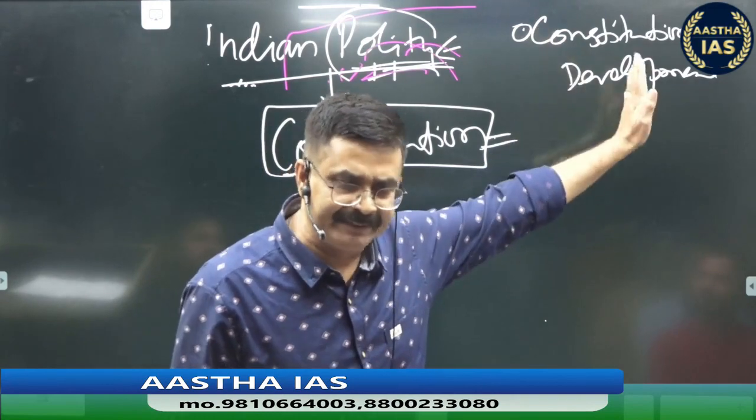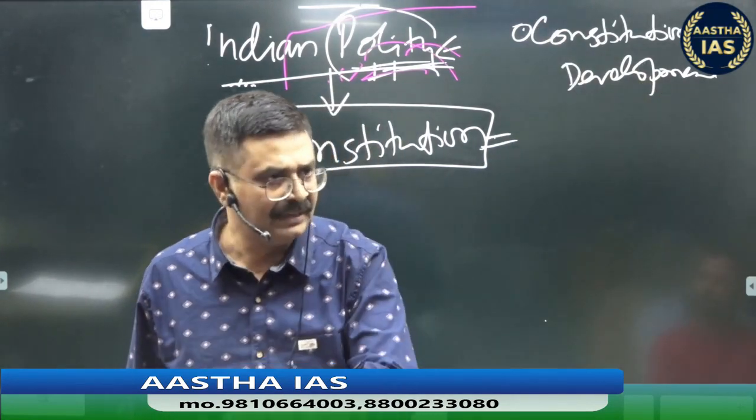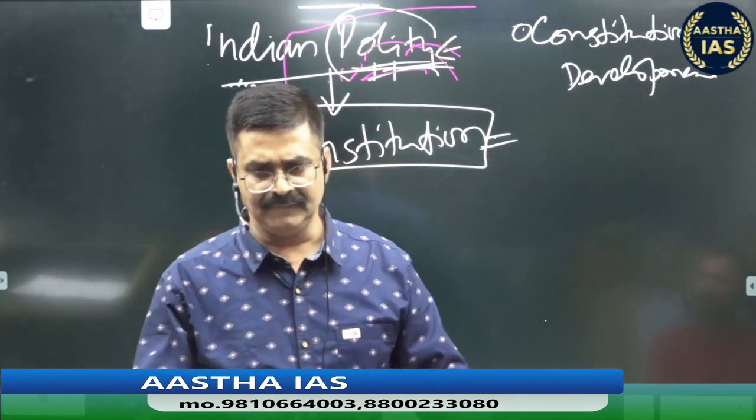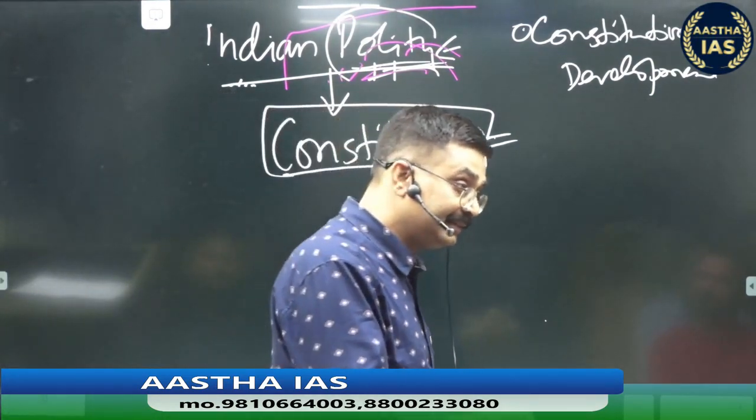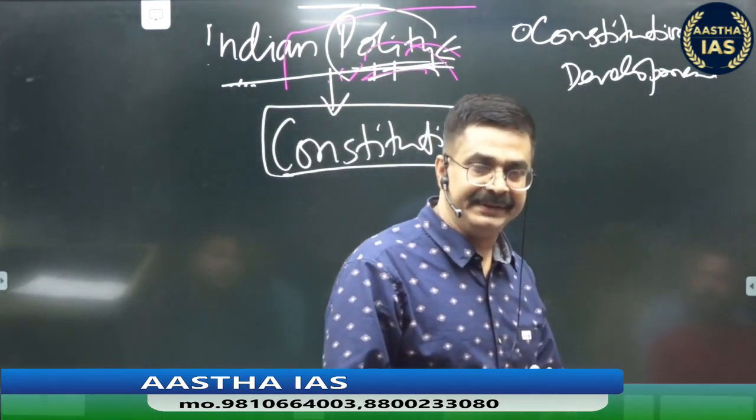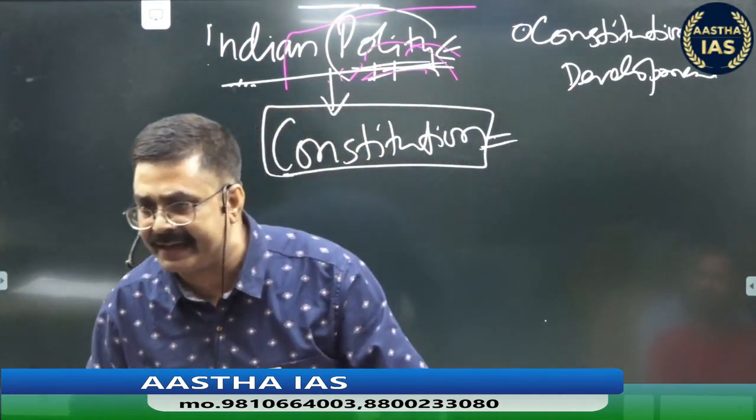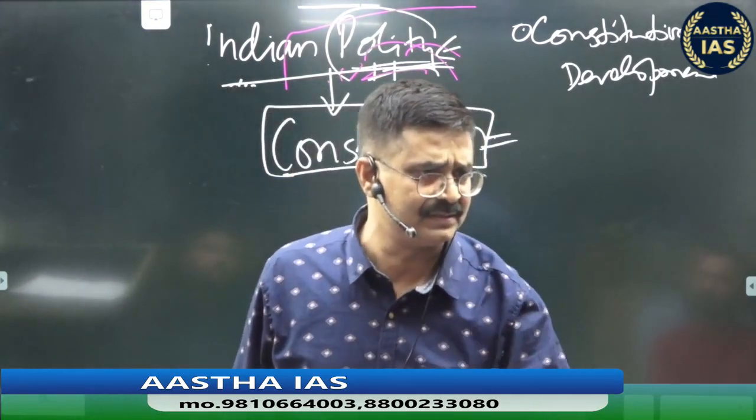Since the days of 1857 and onward, everywhere we saw it. In such conditions, what happened? Something must have happened. That ultimately the British agreed, saying, okay, take your constitution.